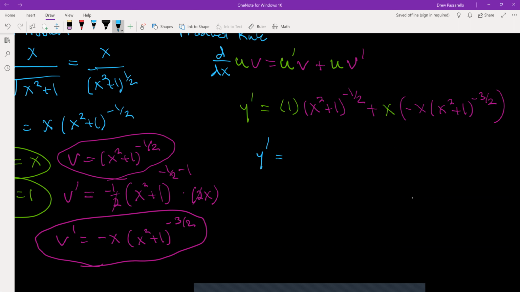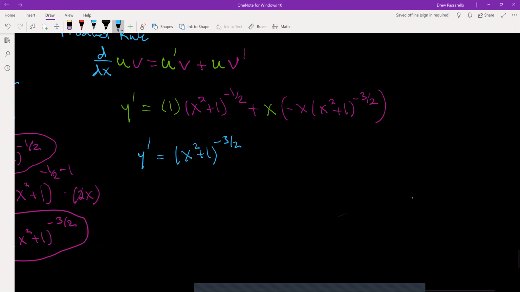So what I'm going to factor out is x squared plus 1 raised to the -3/2. Now we know for the second piece, that's just going to leave me with -x squared. Now the first piece, how do I factor that out from x squared plus 1 to the -1/2? So that's where it involves knowledge of exponents.